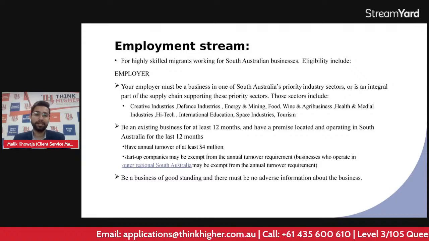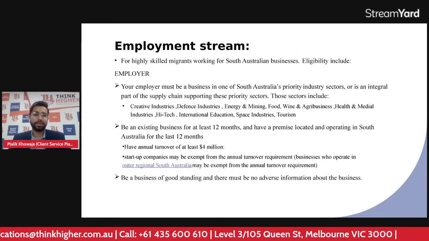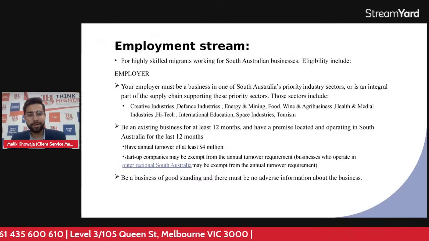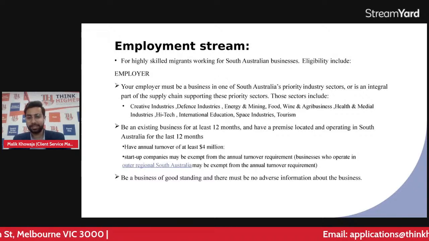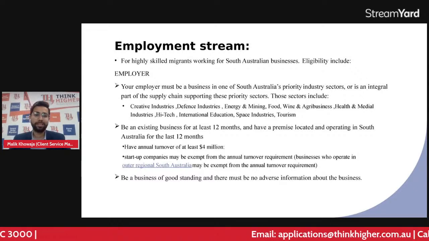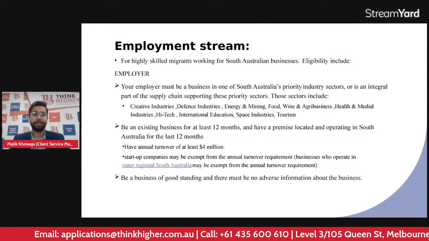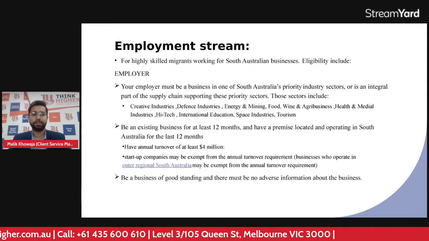priority sectors list for South Australia, and it should fall under industry sectors such as creative industry, defense industries, energy and mining, wine and agribusiness, health and medical industry, high-tech industries. This is specifically for the digital and the engineering applicants, international education, space industries, and tourism industries.